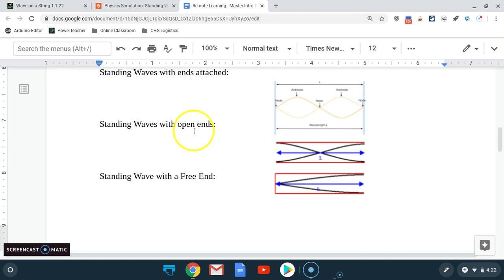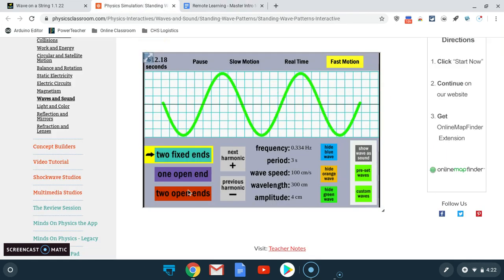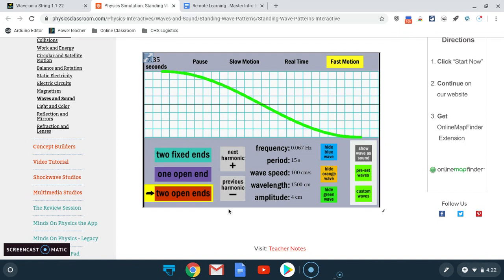Now, the second type of standing wave you can create is referred to as a standing wave where the ends are open. Now, this looks a little bit strange, and if we go back to our simulation, we can look at it with two open ends. What it looks like is almost like I took part of the wave, and it just oscillates back and forth based off of the little center point.